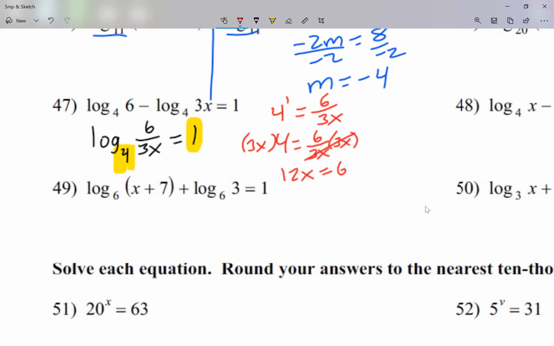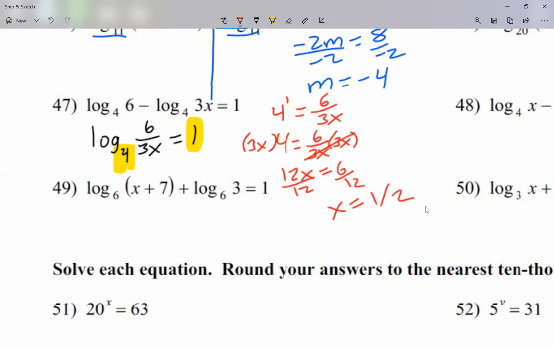Let me divide by 12. So x equals 6 over 12, let me simplify the fraction as 1/2. Don't forget, how do we type a fraction? 1/2. So it's okay to have a fraction. Just make sure you simplify.